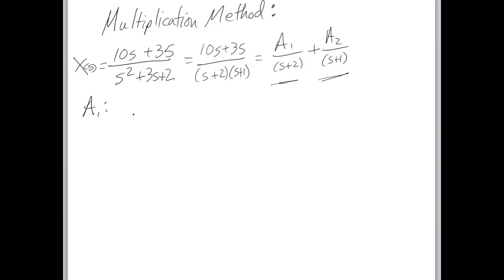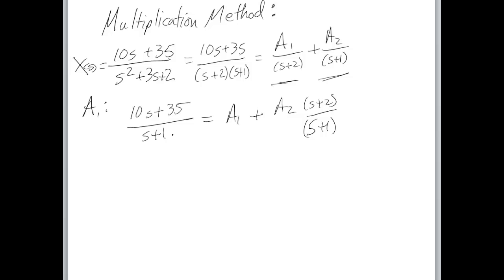What we get on the left-hand side of the equation is 10s plus 35 divided by s plus 1, and that will equal a1 plus a2 times s plus 2 divided by s plus 1. Okay, so the s plus 2 in the a1 term canceled, and the s plus 2 on the left-hand side of the equation also canceled.